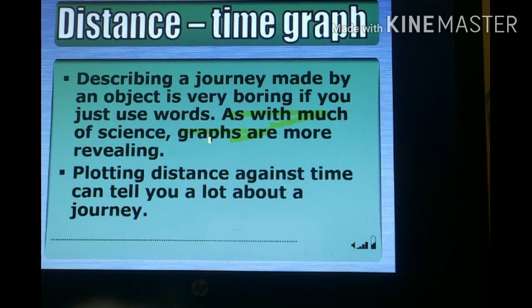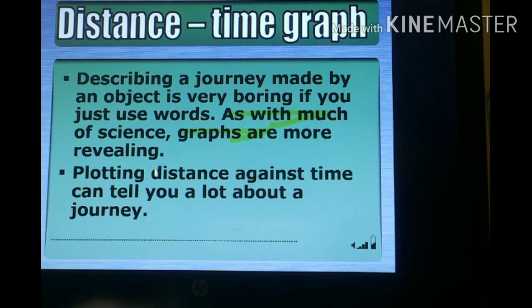You might have seen graphs in cricket matches, showing how many runs are required, the run rate required, or the run rate which has been maintained. All of it is represented graphically, because a full match overview or a full journey overview can be summarized in the form of a graph.